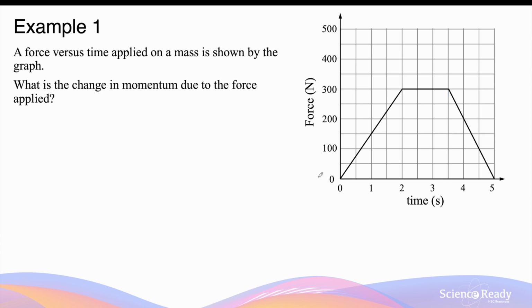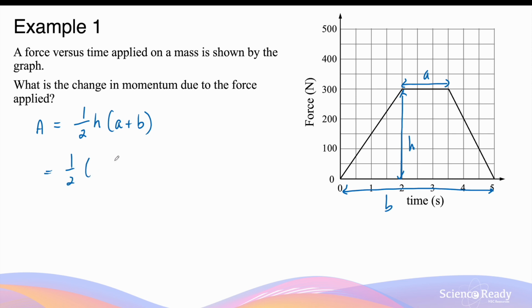Alternatively, you can also recognize that this shape is a trapezium, and the area of the trapezium is given by half times the height of the trapezium times side A plus side B, where A and B are the shorter and longer sides respectively. So we have the height of the trapezium H, the shorter side A, and the longer side B. In this case, the height will be equal to 300 newtons, multiplied by the shorter side, which would be 3 small squares.